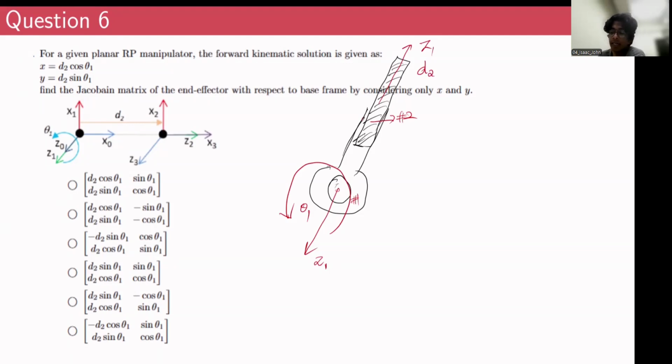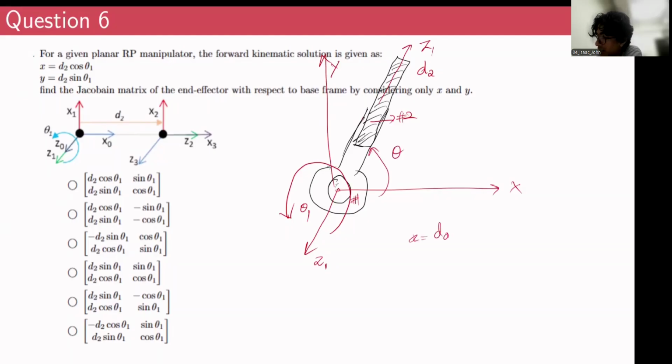right? So in that case, the question asks, given an RP manipulator, the forward kinematic solution is given as x is d2 cos θ1 and y is d2 sin θ1. Find the Jacobian matrix of the end effector with respect to the base frame, considering only x and y. If I consider this to be the x-axis and this to be the y-axis and this angle to be theta, it's fairly straightforward, right?